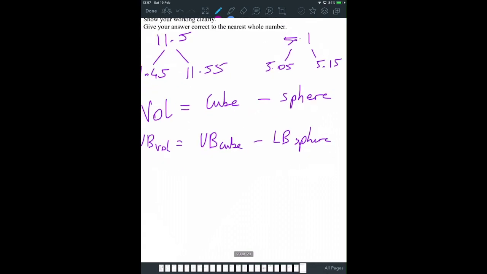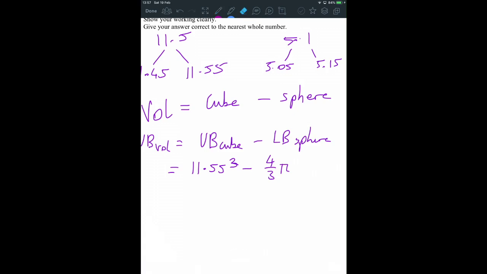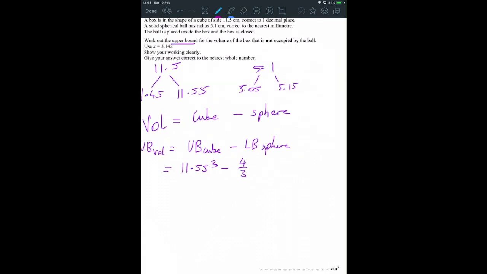Volume of a cube is just the side length cubed. Upper bound is being used here. Volume of a sphere, 4/3 pi r cubed. We've actually been told in the question what to use pi as. We've been told to use pi as 3.14 rather than the pi button on our calculator. If we're starting to make bounds, then having an exact value is reasonable.